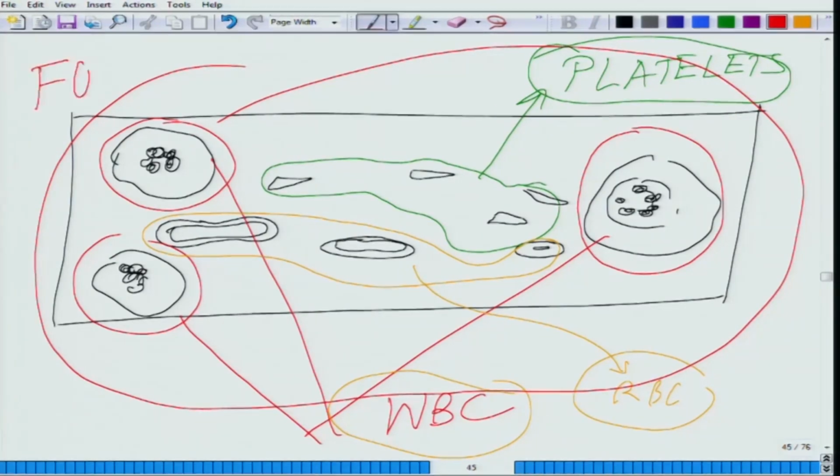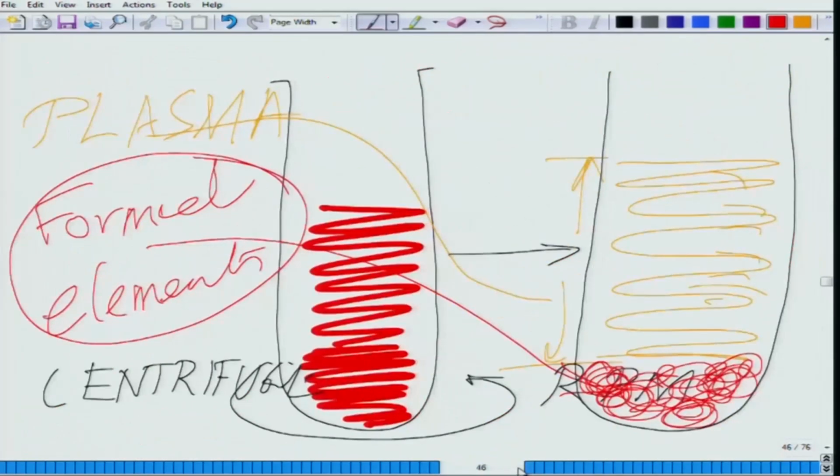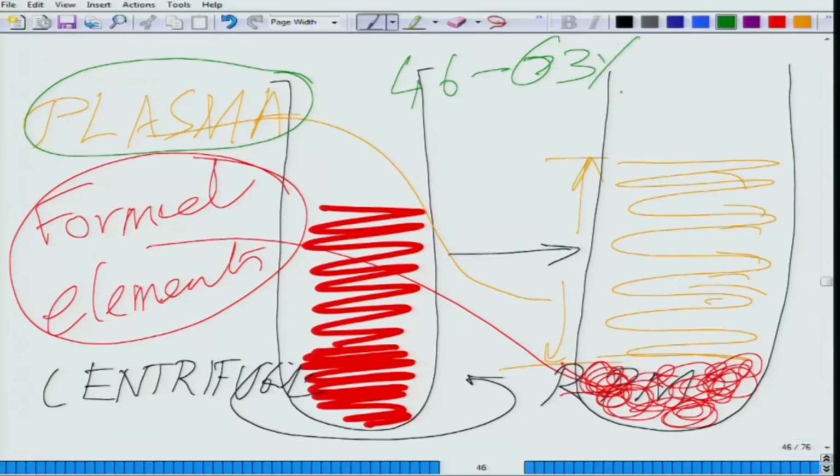So now put the name for that, formed elements. In a volume percentage ratio, these formed elements are around 37 to 54%, whereas the plasma component varies from 46 to 63%.